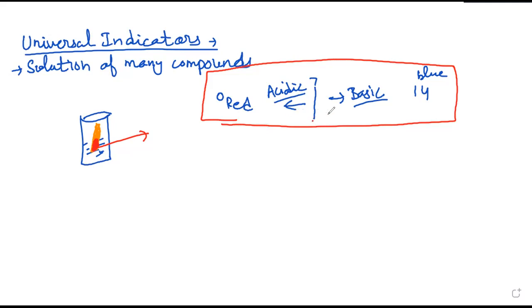If it is dark green and converting into a more bluish color, then it is basic in nature. So red, orange, yellowish all show the acidic nature, whereas the others show the basic nature, right? So that is very, very important to understand about the universal indicator, right?